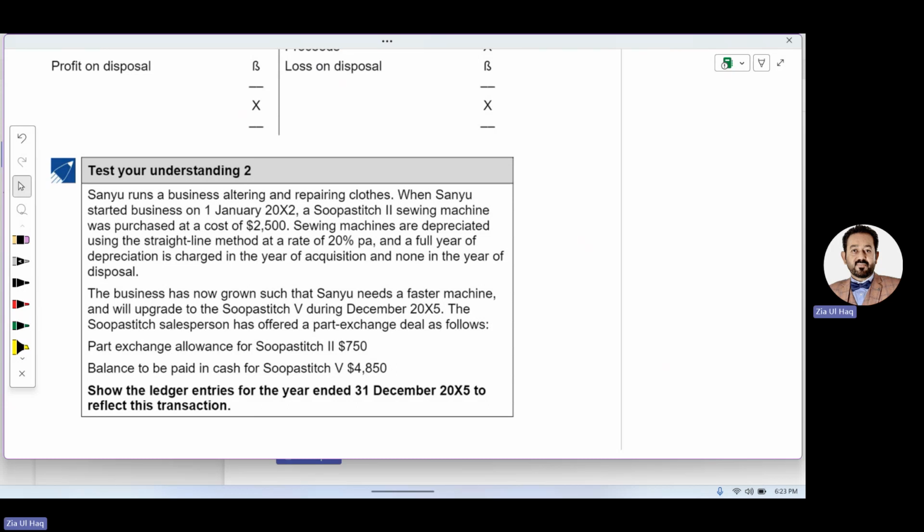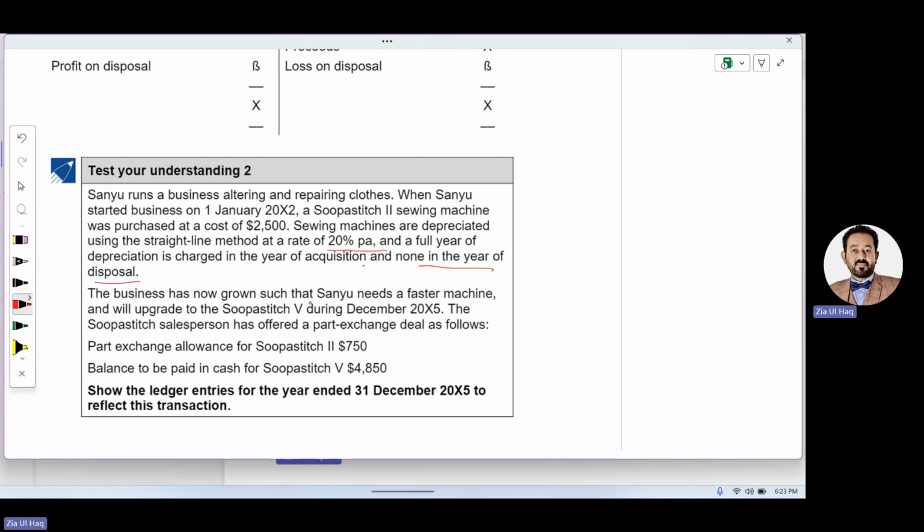Sewing machines are depreciated using the straight line method at 20% per annum. So what is the depreciation per annum? 500. The full year of depreciation is charged in the year of acquisition and none in the year of disposal. So no pro rata: a full year's depreciation in the year of purchase, but none in the year of disposal.